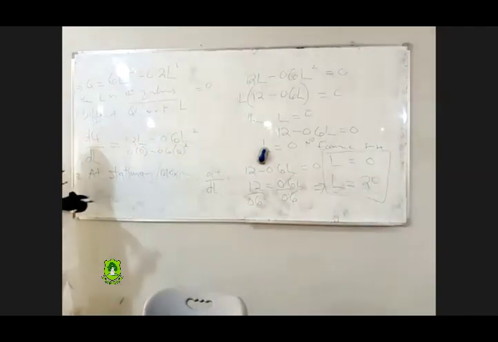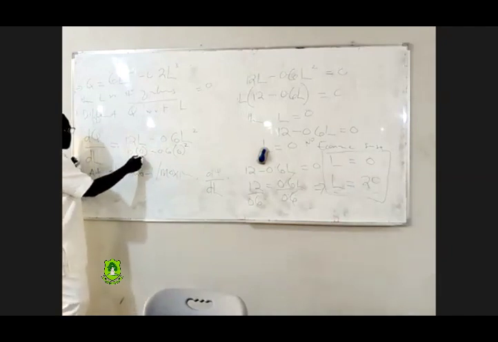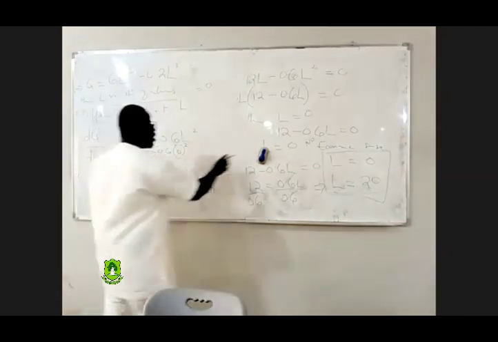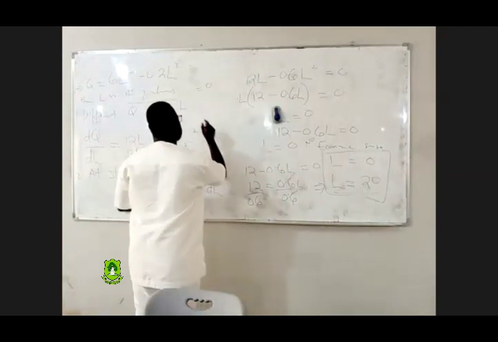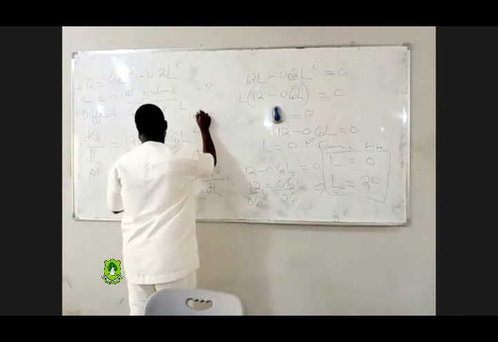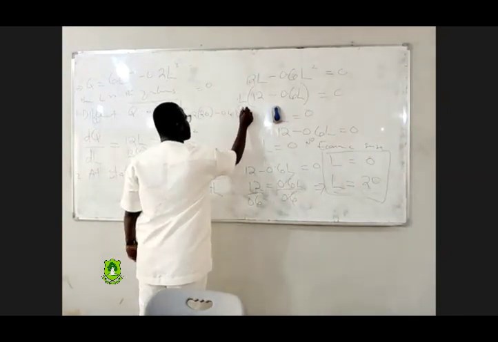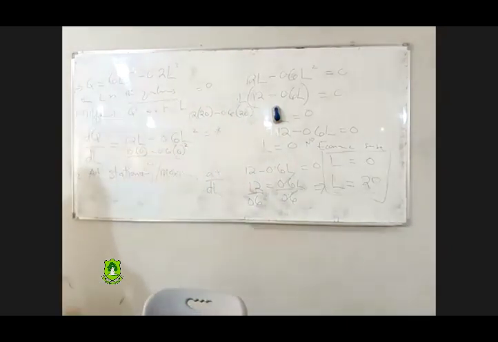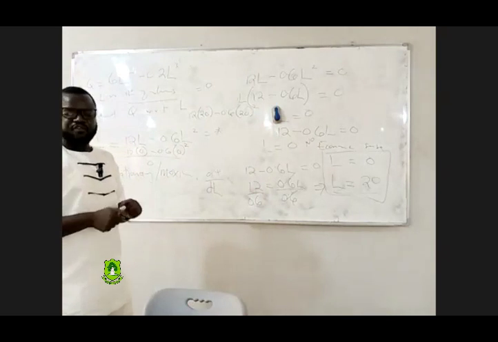The entire thing will be 0. However, if you put L equal to 20 there, 12 times 20 minus 0.6 times 20 raised to the power 2, you will get a particular maximum value. Are we together?